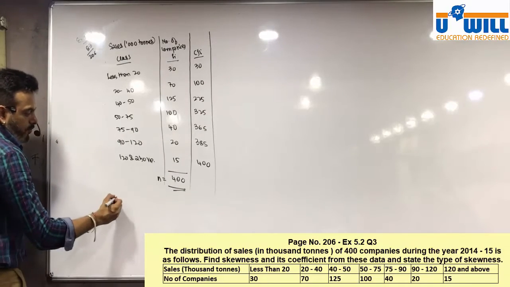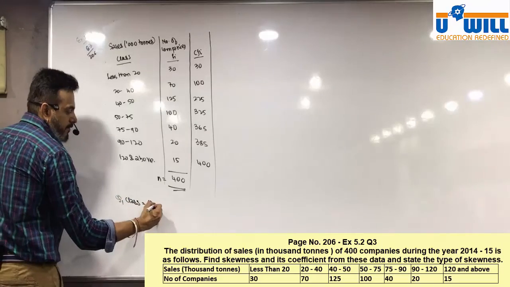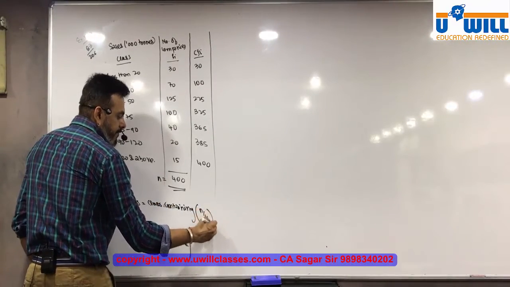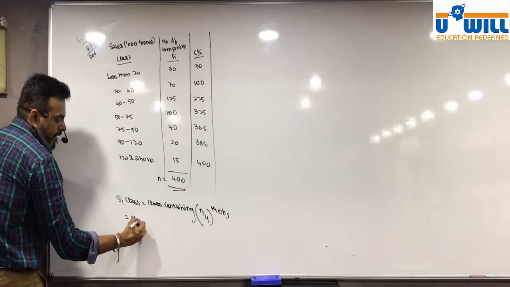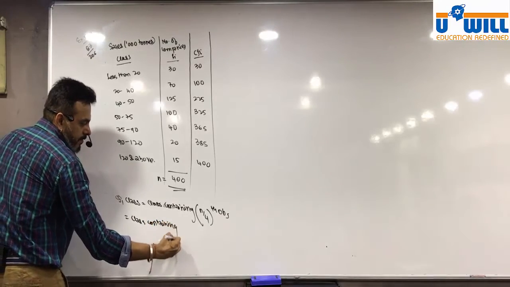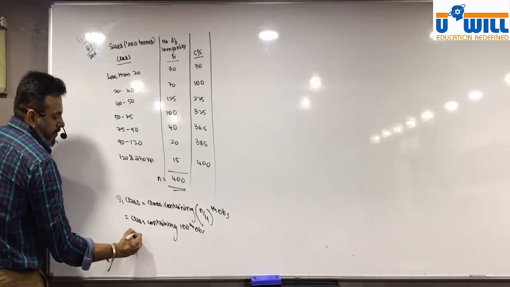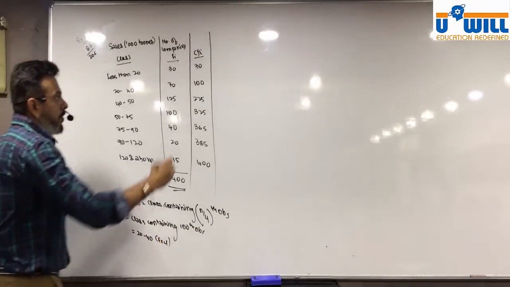First, we find out Q1. Q1 class is equal to class containing n by 4th observation, which is equal to class containing 100th observation, which is equal to 20 to 40 exclusive. Already exclusive.